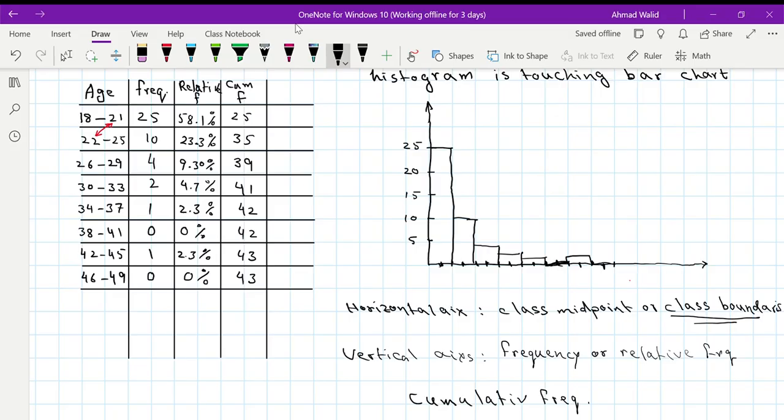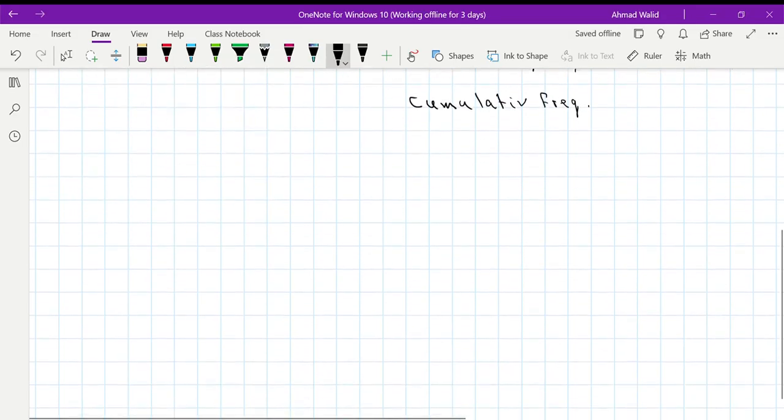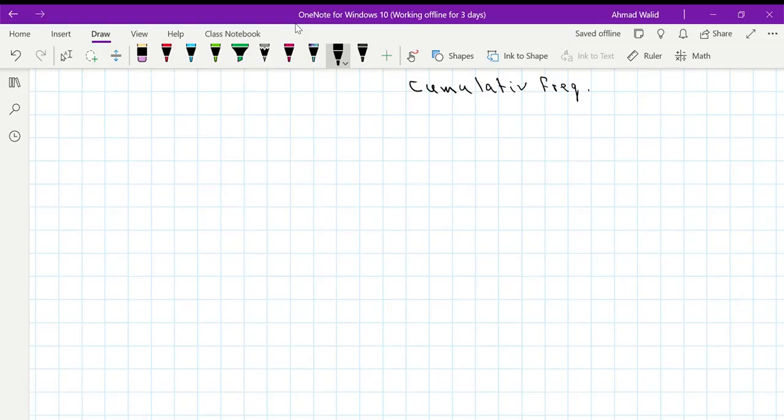If you want to show the relative frequency, don't change the horizontal axis, just change the numbers to percentage on your vertical axis. Correct? I will graph that one for you. I will show it here. For example, I want to show my relative frequency.